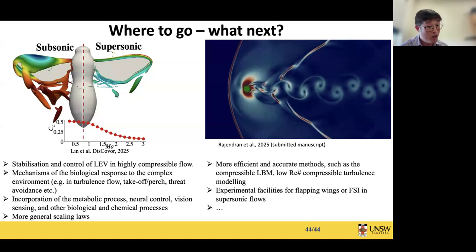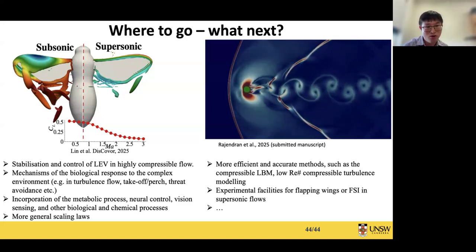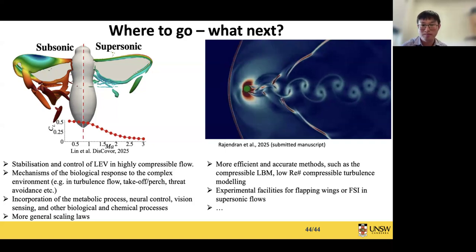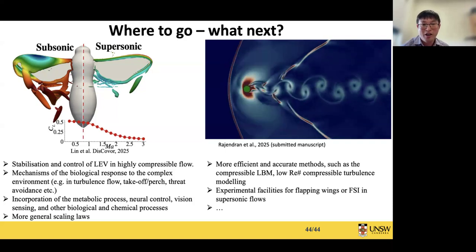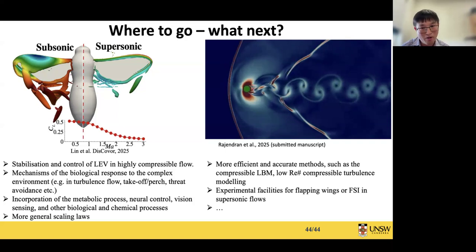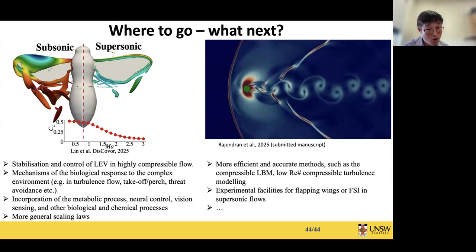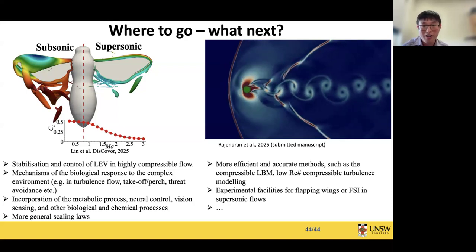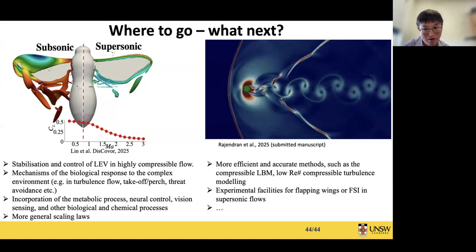We may need to develop more general scaling laws for both aerodynamic forces and acoustics. Regarding numerical methods, we may need to develop more efficient, accurate methods, such as compressible LBM or low Reynolds number compressible turbulence modeling. We also need to develop better experimental facilities for flapping wings or FSI in supersonic flows.